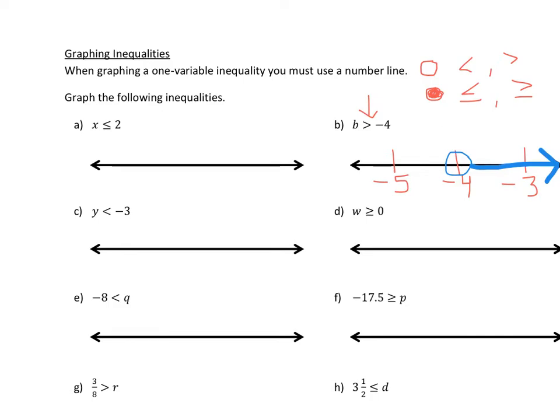Letter D. W is greater than or equal to 0. So again, I'm going to have 3 lines, 0 being in the middle, 1 smaller, 1 larger. Now, greater than or equal to, that means I have a closed circle on 0.